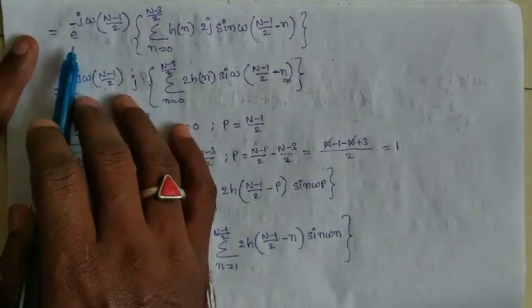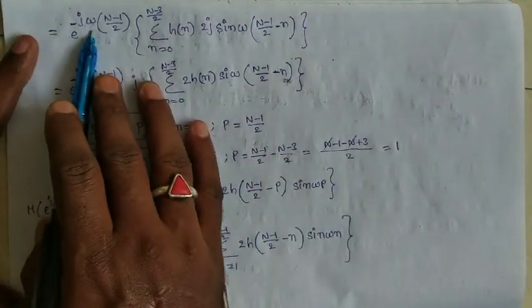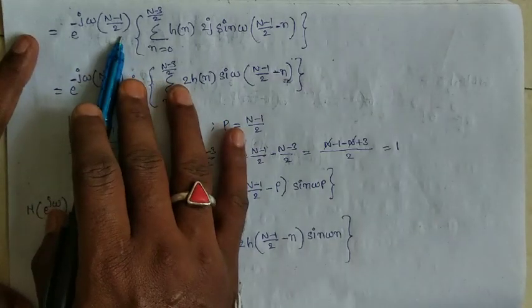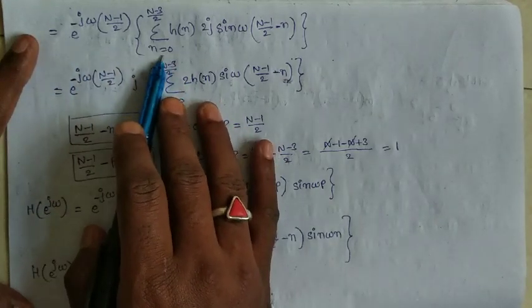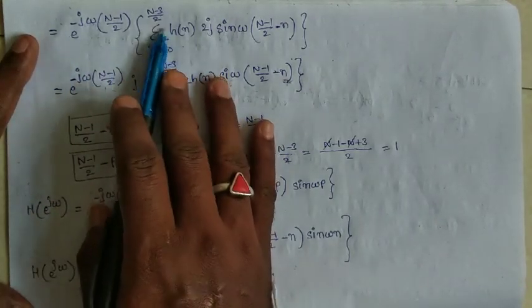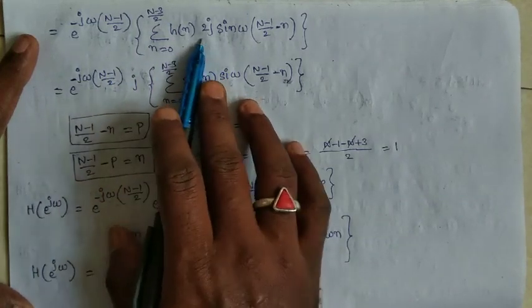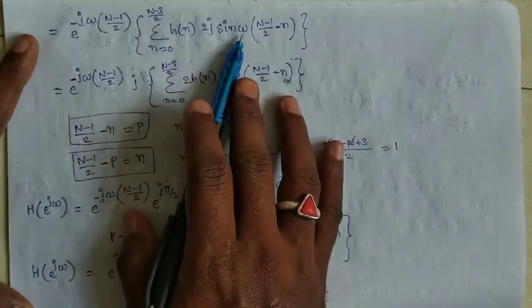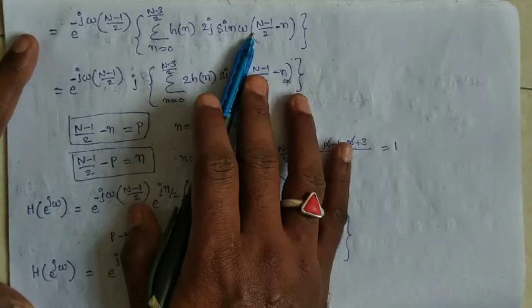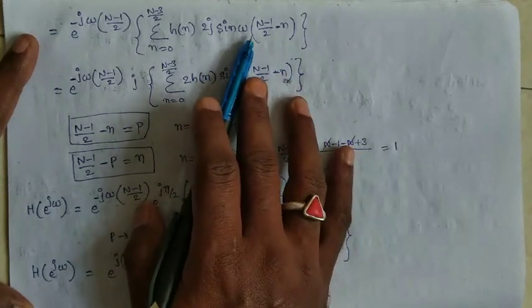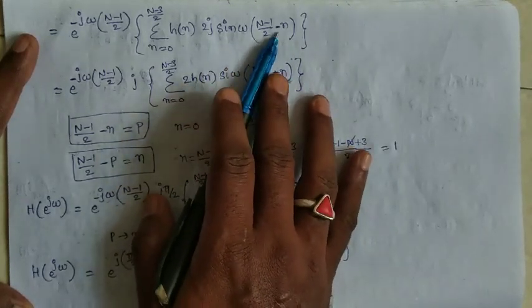Here H is equal to e power minus j omega (N minus 1)/2, summation n equals 0 to (N minus 3)/2, h of n into 2j sin omega of theta, where theta value is omega times ((N minus 1)/2 minus n).